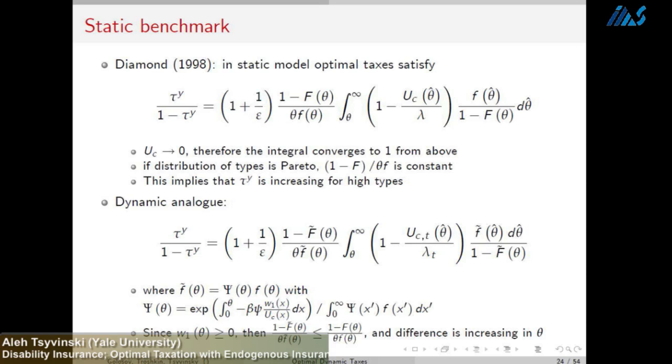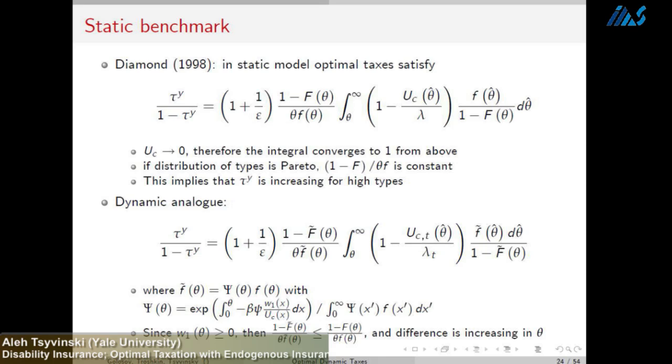Let me, without going into the formal derivation, provide you the interesting results. Remember, if we look here for the very top guys, you get pretty high numbers for the optimal income tax. Here, in fact, we show that the asymptotic tax on high incomes goes to 0.